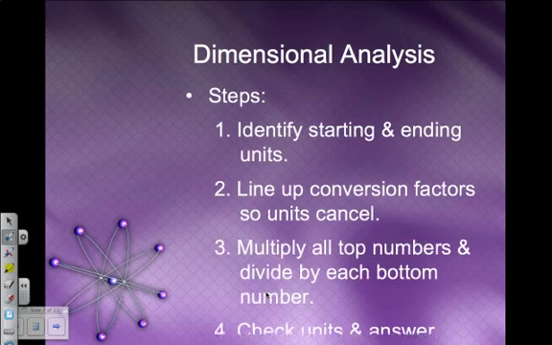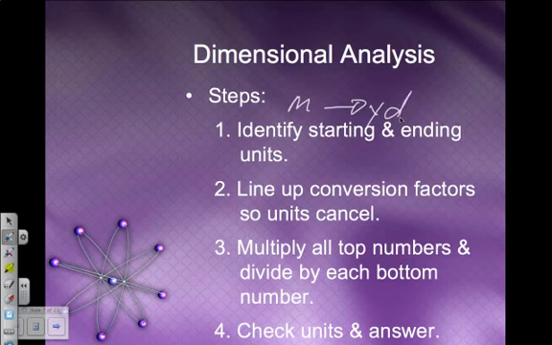So the steps are basically identify your starting and ending units. So if I'm trying to convert from meters to yards, my starting unit is my meters, my ending is my yards. And then I'm going to line up conversion factors, so units cancel. Conversion factors are basically a fraction, and basically you're trying to get units to cancel.